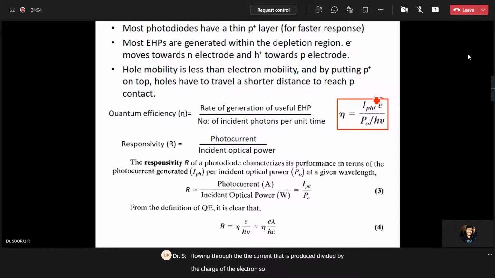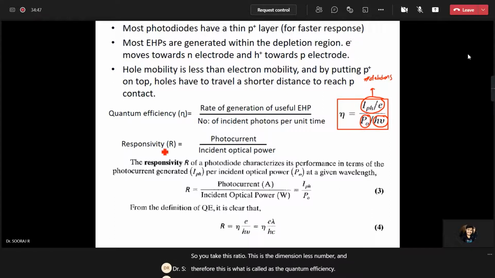So this would give you the number of electrons, whereas the number of incident photons per unit time is given by the optical power divided by the energy of the individual photon. You take this ratio, this is a dimensionless number, and this is what is called the quantum efficiency.